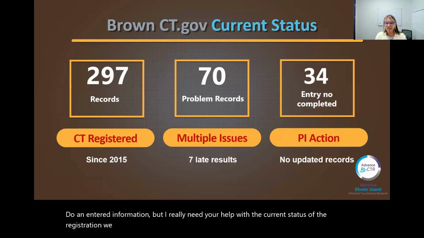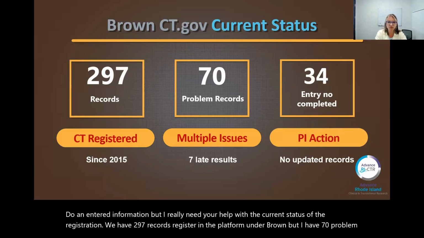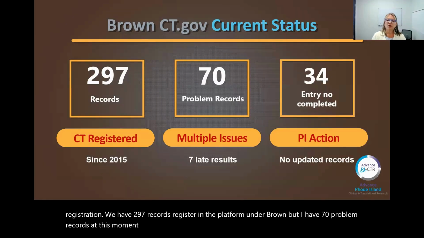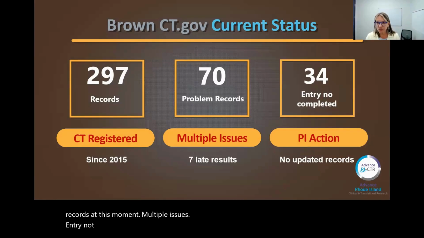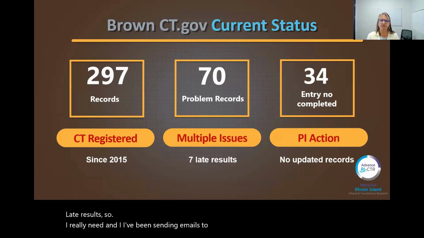We have 297 records registered in the platform under Brown, but I have 70 problem records at this moment. Multiple issues: entries not completed, records not updated, late results. I've been sending emails to the PIs asking them to please update the record.